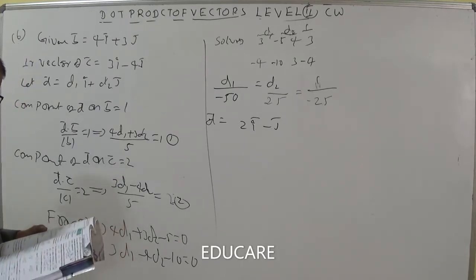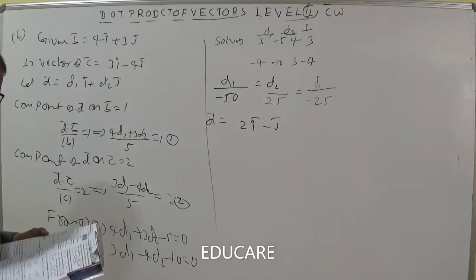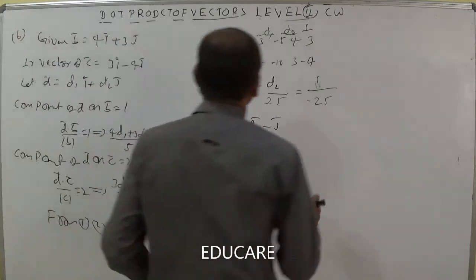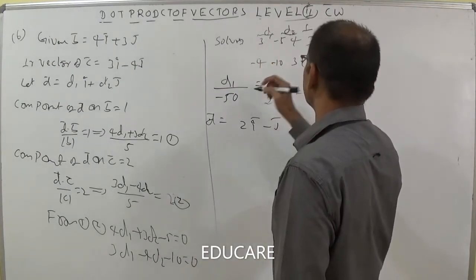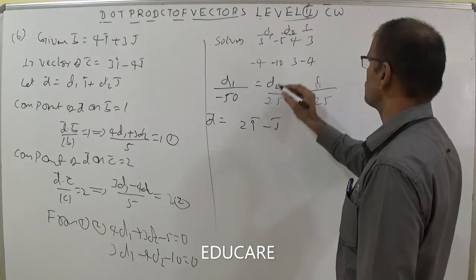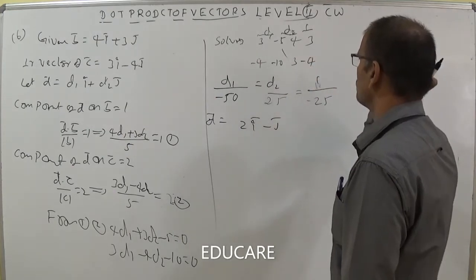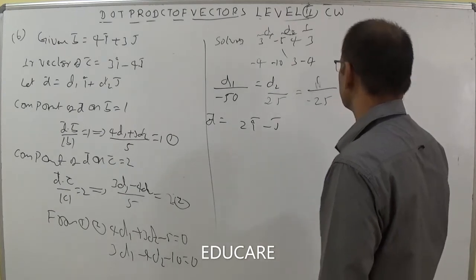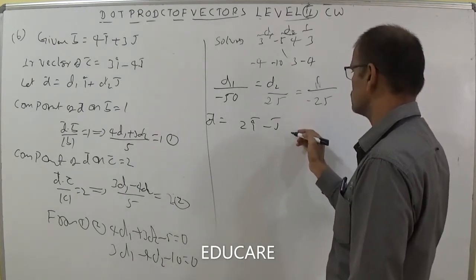By solving, D1 is minus 30 minus 20, it's right. This is minus 15 plus 40, 25. So 1 by 25, this is j.